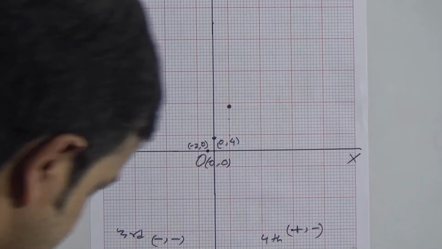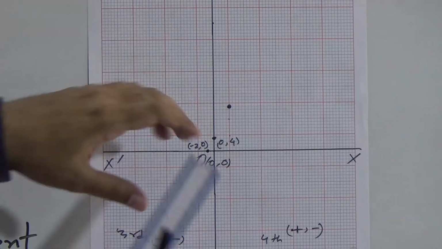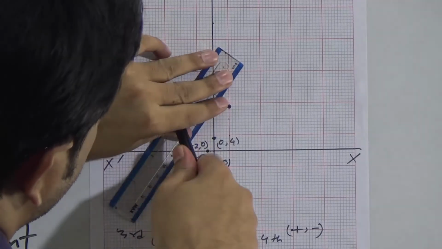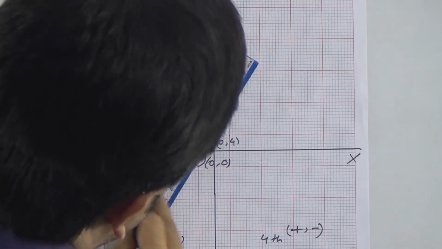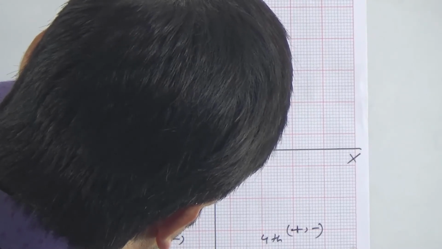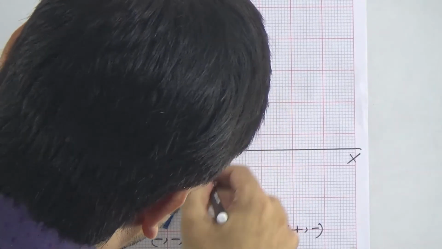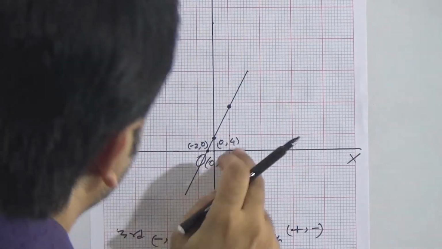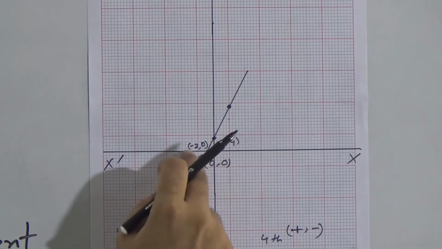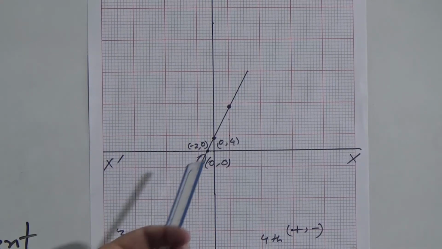Now join these 3 points successively. You will get a straight line. This straight line intersects the x-axis at minus 2, 0.